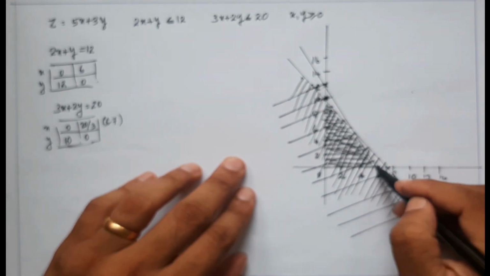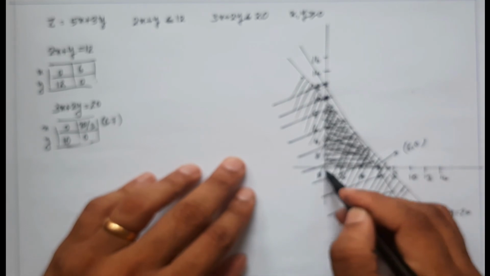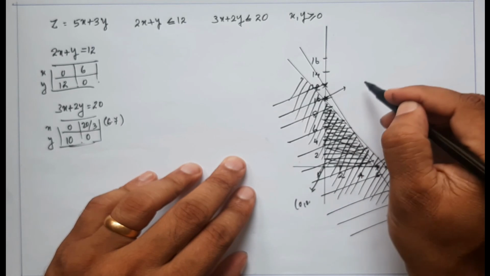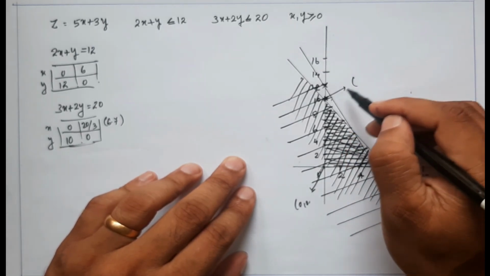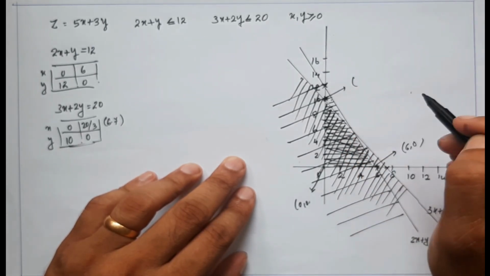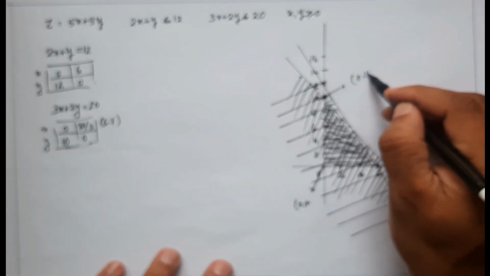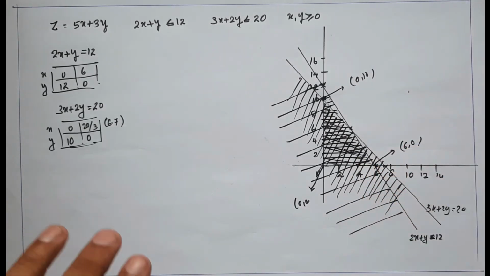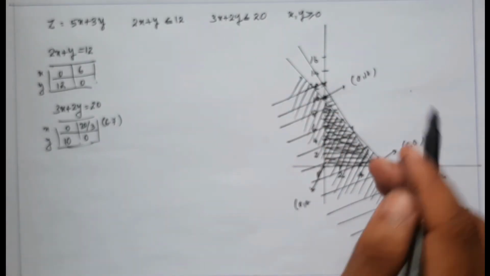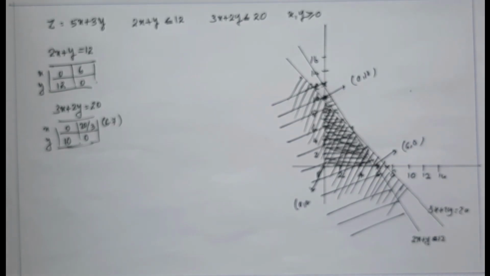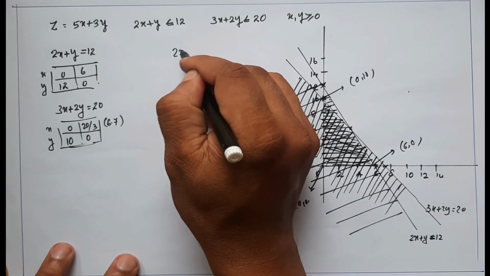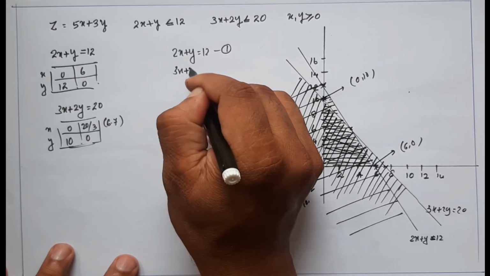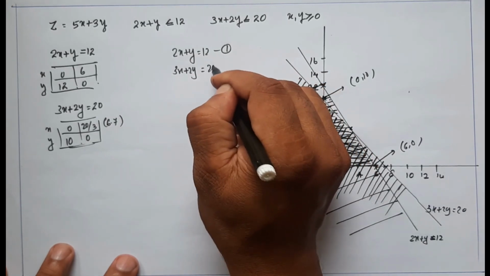Therefore the corner points are 6, 0, here 0, 0, and this point 0, 10. Now for finding the common corner point, we solve these two equations. 2x plus y is equal to 12, equation number 1. 3x plus 2y is equal to 20, equation number 2.